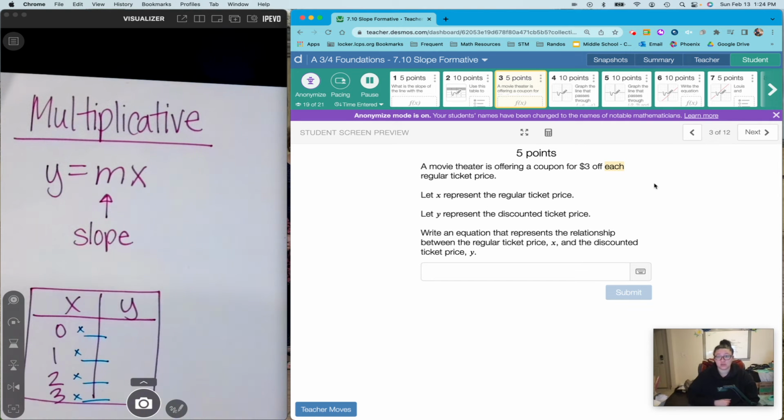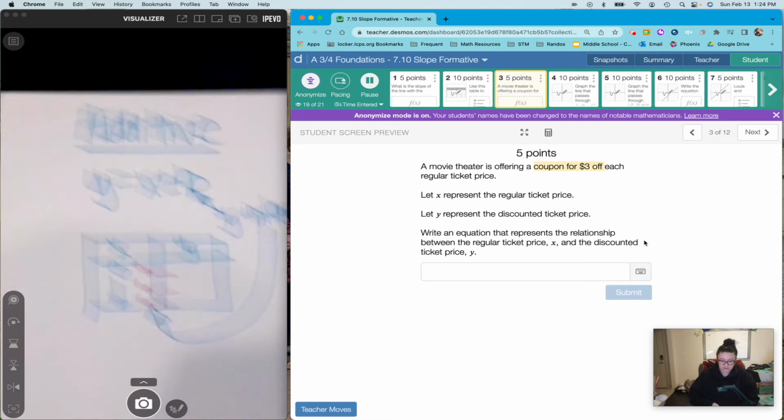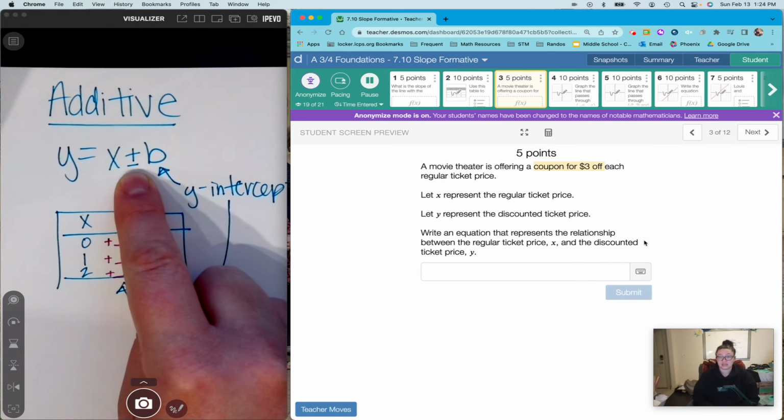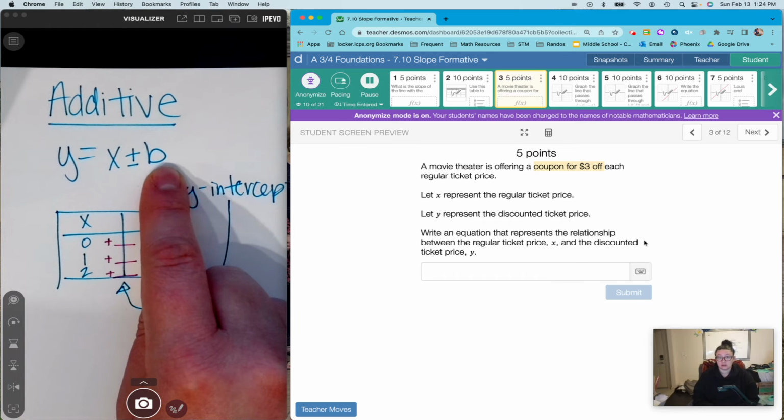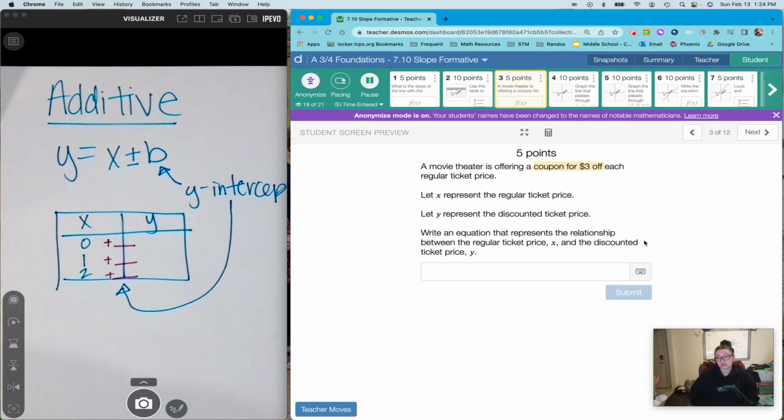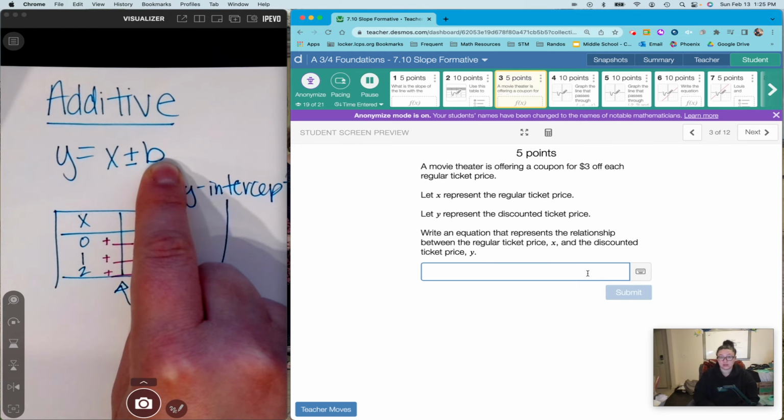That each is not the key word here. When I have a coupon that's $3 off, that means that I'm subtracting 3. A coupon means that we subtract. So somewhere in my equation, I need to be subtracting 3.